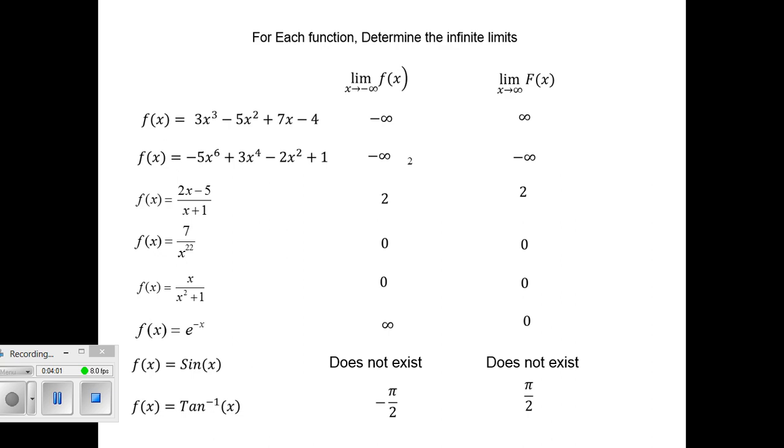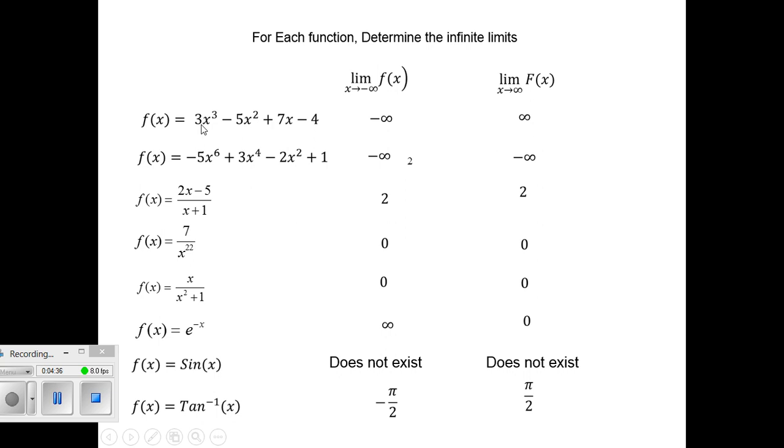Let's look at some other infinite limits. And these, as all infinite limits are, are asking for the end behavior of the function. Polynomial functions have either both ends rising, both ends falling, or one rising in one direction and one falling in another direction.